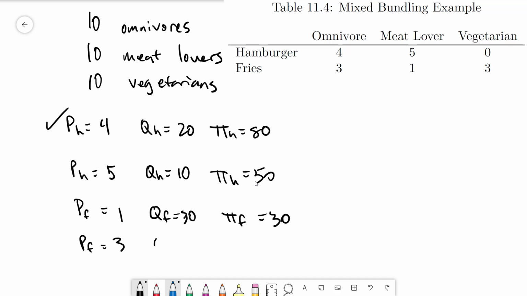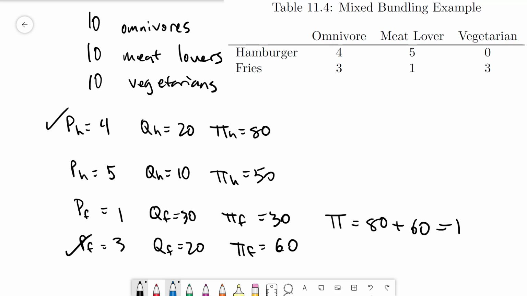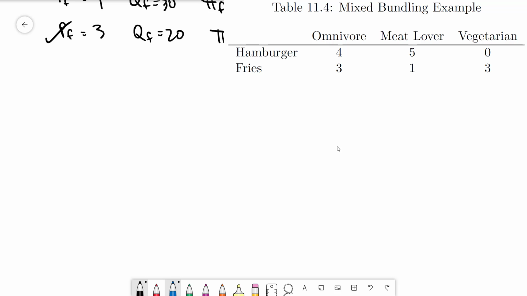If we price at 3, we have a quantity of 20, and we are going to have a profit of 60. Pricing at 3 is clearly the better choice, so our total profit will be 80 plus 60 equals 140. So our profit will be 140 if we pursue the pure component strategy. Let's look at the bundle.